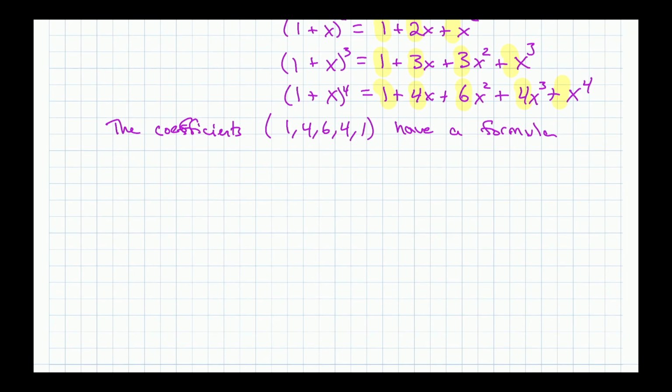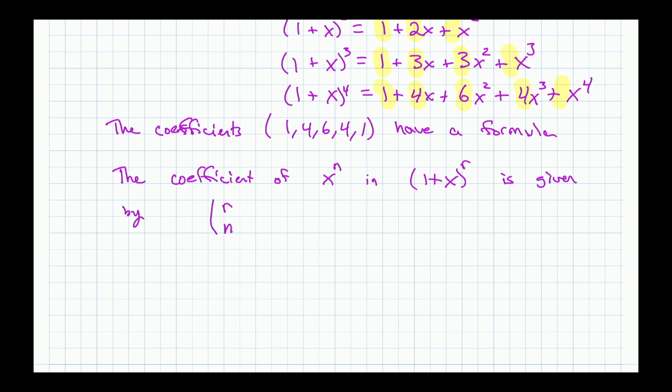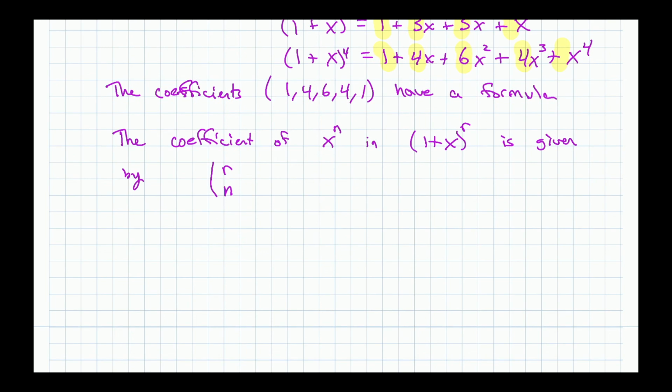So what they are is, the coefficient of x to the n in 1 plus x to the r, so there's an n and there's an r here, is given by this formula, r choose n.